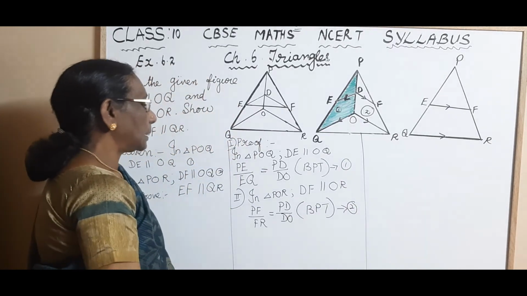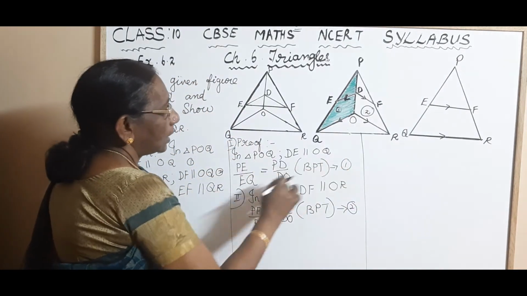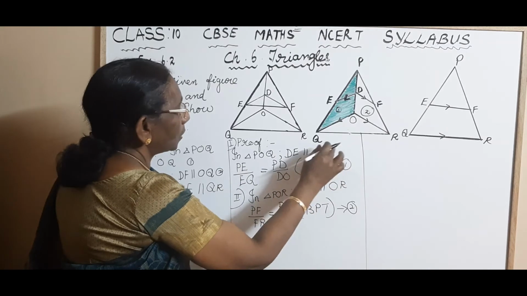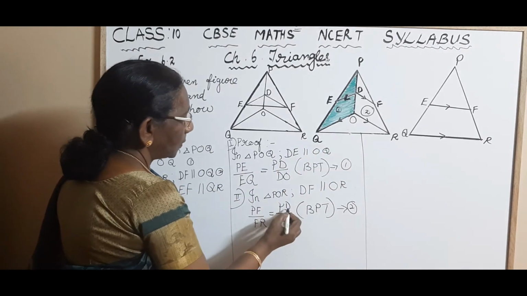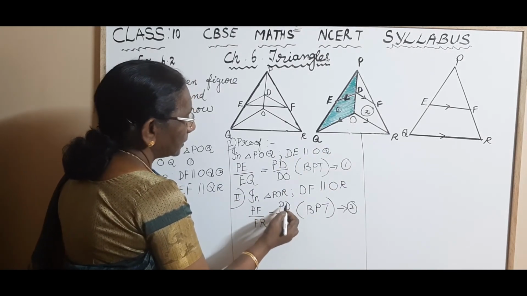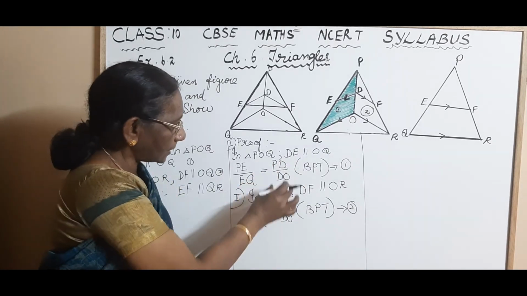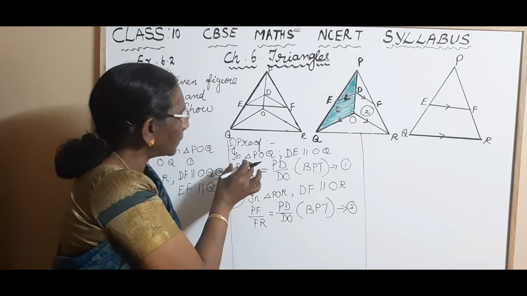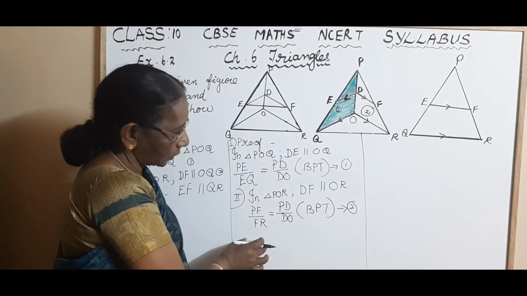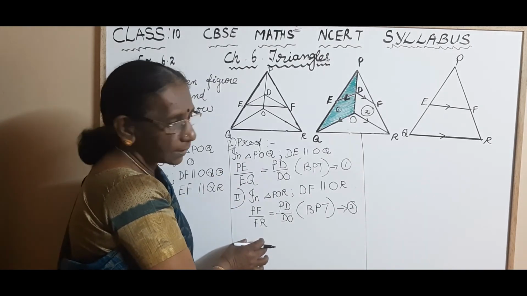Now, when you consider the two equations, what is clear? You just observe the right hand side. The right hand sides are equal. Therefore, the left hand sides are also equal. Isn't it, children?